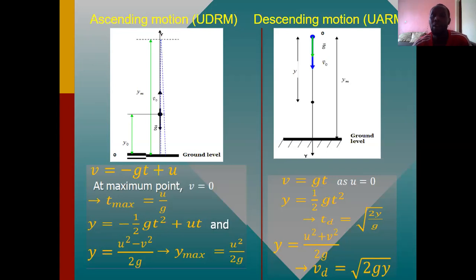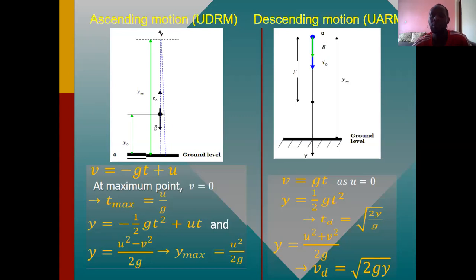Now, when the object reaches its maximum point, its final velocity will be equal to 0. From that, you can get the value of the time used to reach the highest point, t max, which is equal to u, the initial velocity, divided by acceleration due to gravity.